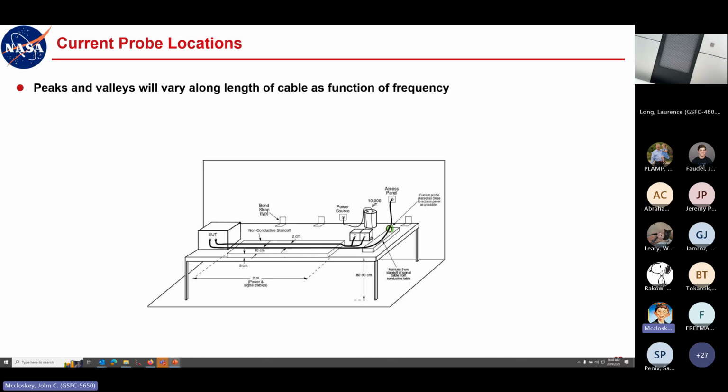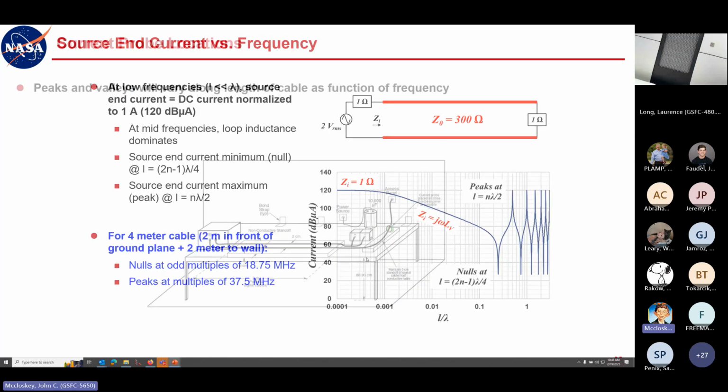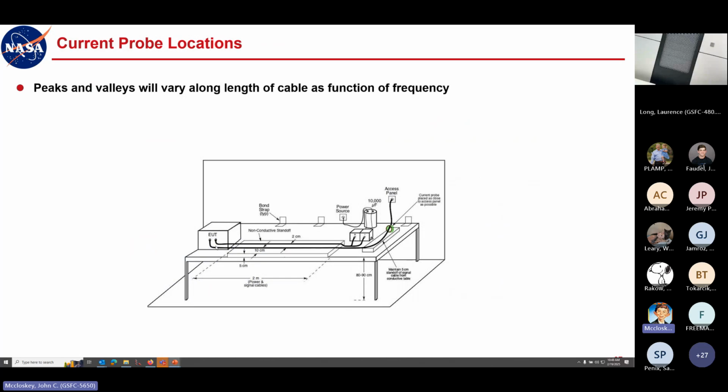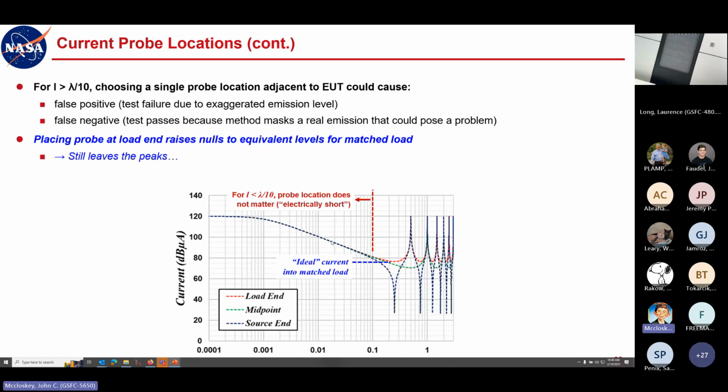Okay, so we'll move the current probe. This example actually is with the current probe at the EUT. But as we move it to the far end, if we move it to the load, then we bring the nulls up.